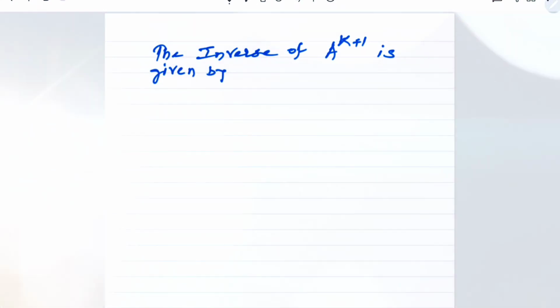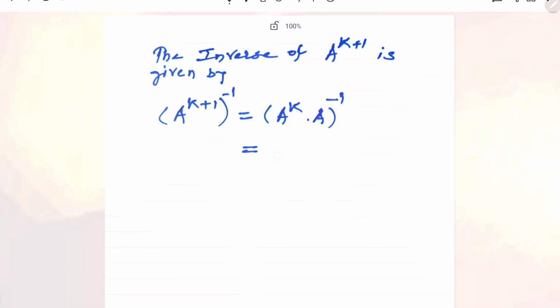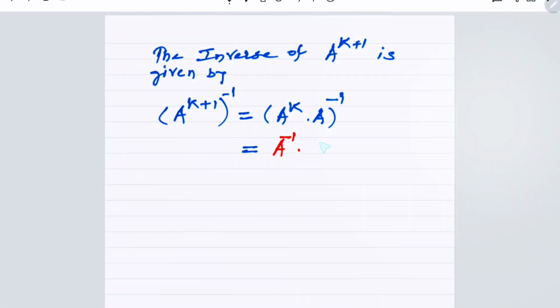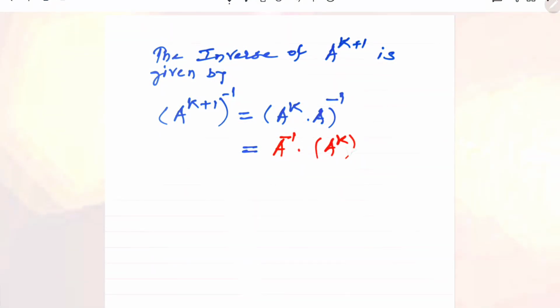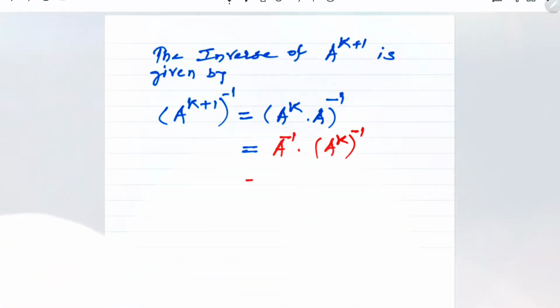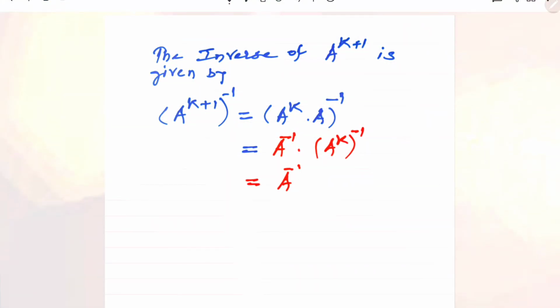The inverse of A raised to k plus 1 is given by A raised to k plus 1 raised to minus 1, as A raised to k into A raised to minus 1, and by the property of inverse of a product we get A raised to minus 1 into A raised to k raised to minus 1.